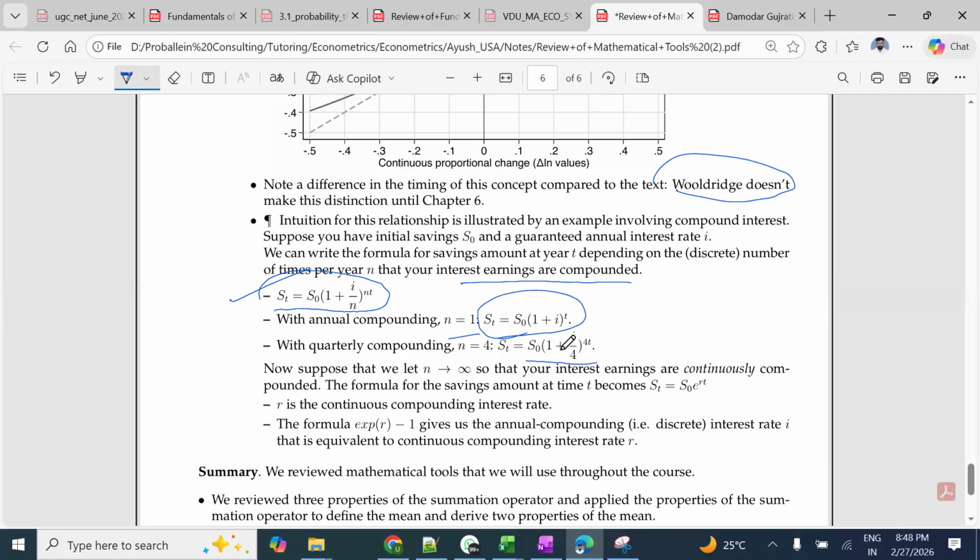When N tends to infinity, so that your interest earnings are continuously compounded, the formula for the savings amount will be ST equals S0 into e to the power rT. Why do we use e to the power rT? Because of continuous compounding.